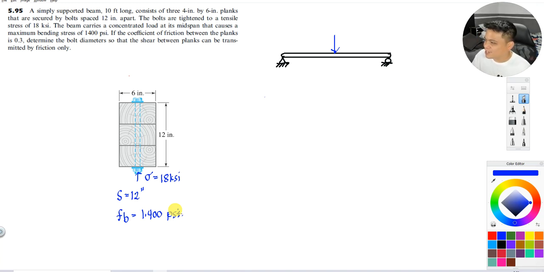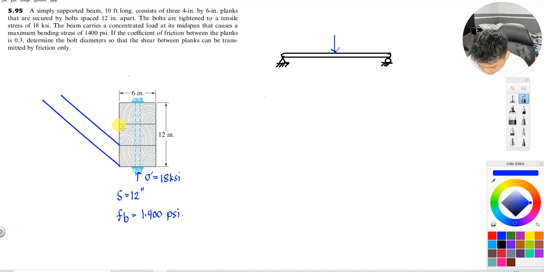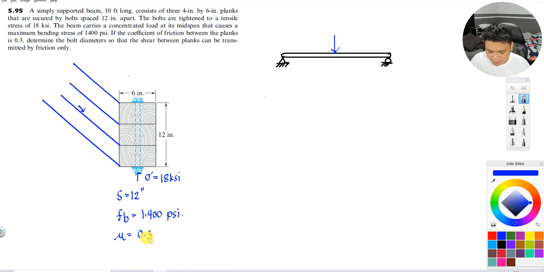If the coefficient of friction between the planks, kung ayan yung planks mo, for example, nag-slide nga yan, so meron siyang shear doon, so ibig sabihin, meron ding friction doon. So kung mu mo daw from the static is 0.3, sabi, determine the bolt diameter so that the shear between the planks can be transported by friction only.